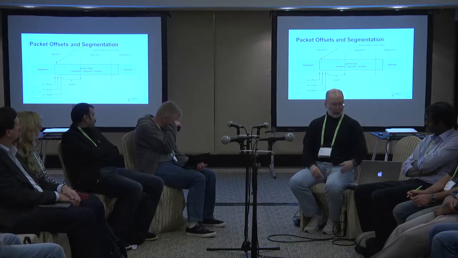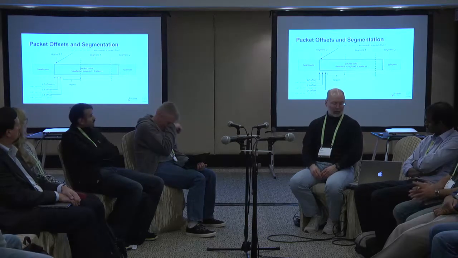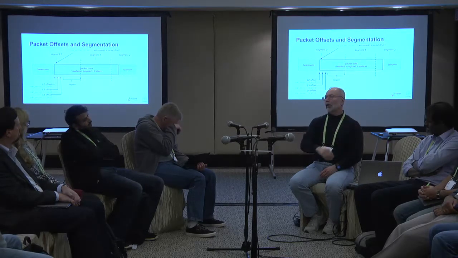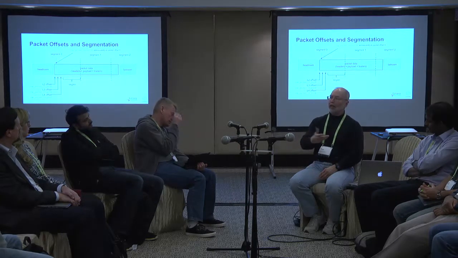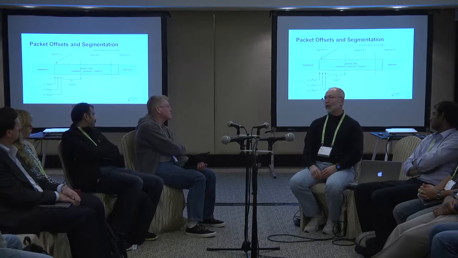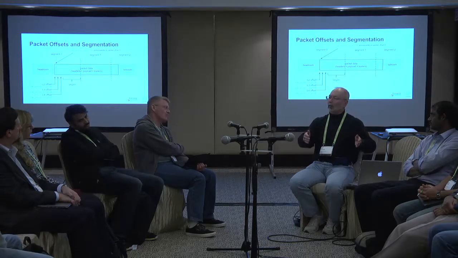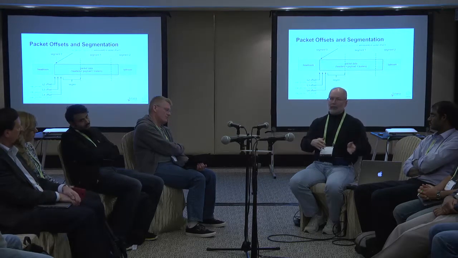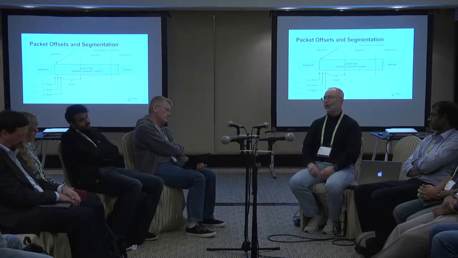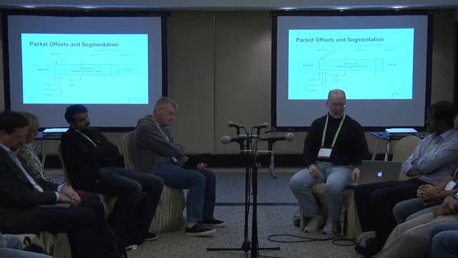And so when I ask for, say, the layer 2 or layer 4 offset of a packet, one of the outputs that comes from that is the length of the segment that's available starting at the requested offset that you can address. And if you need to step across it, then there are other APIs which allow you to step across the various segment boundaries that may exist in that packet.